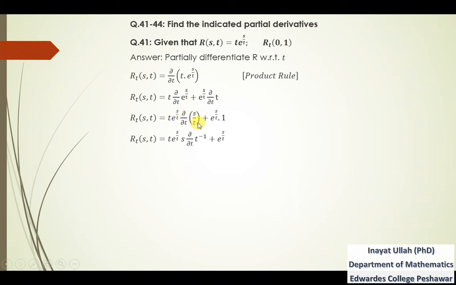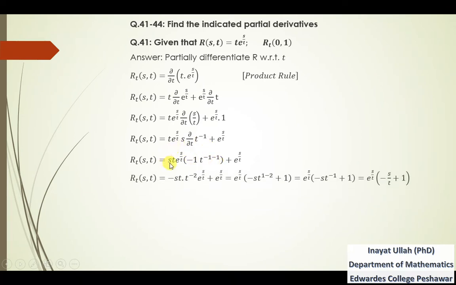Shifting this t towards the numerator, it becomes t inverse, and now this is the power rule. Using the power rule, that becomes minus 1 times t power minus 1 minus 1, writing this minus outside the whole term, and that is s times t power minus 2 e power s by t, plus this e power s by t.